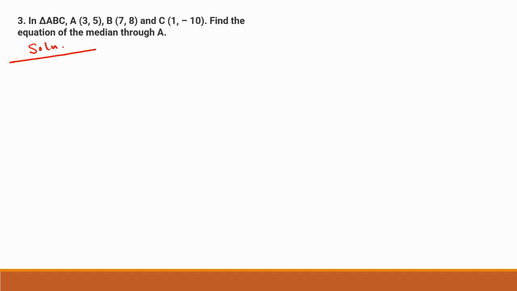Alright. So if you have to find the equation of the median through A, basically these 3 points are given. Let's say A is 3 comma 5, B is 7 comma 8, C is 1 comma minus 10. 3 points are given. You have to find the equation of the median.